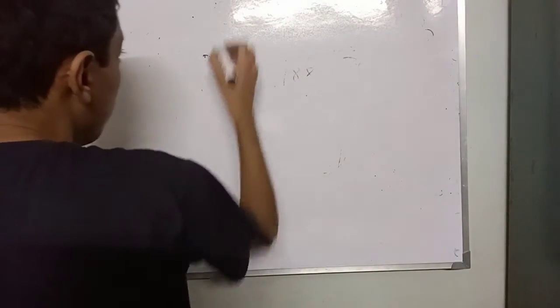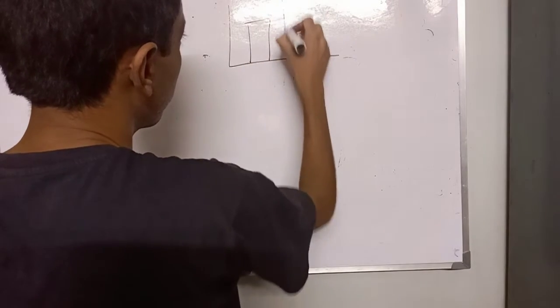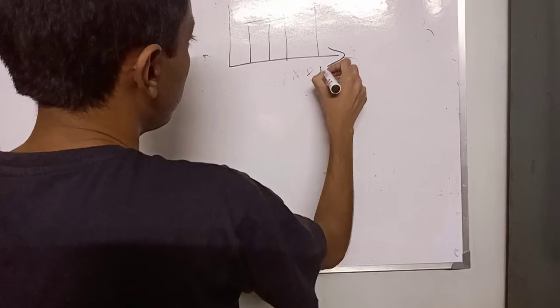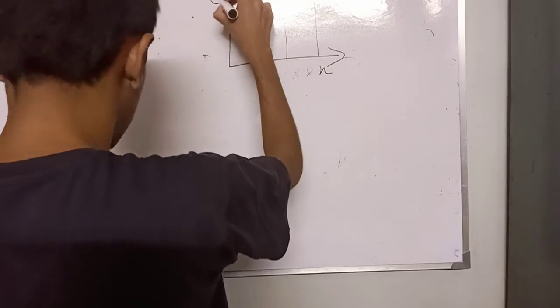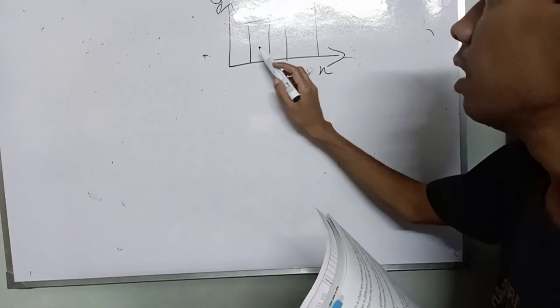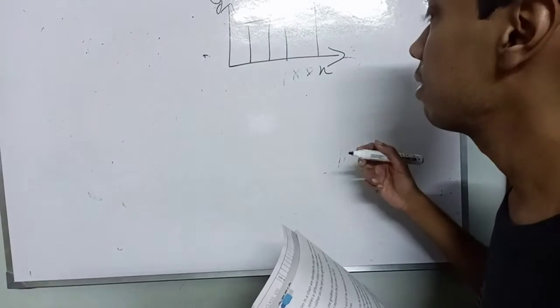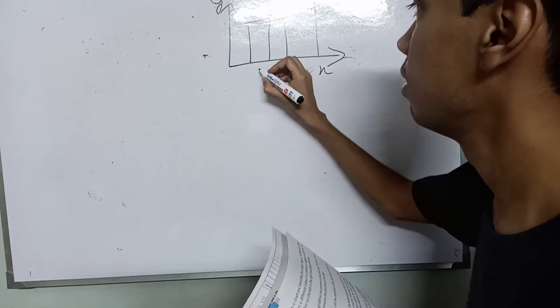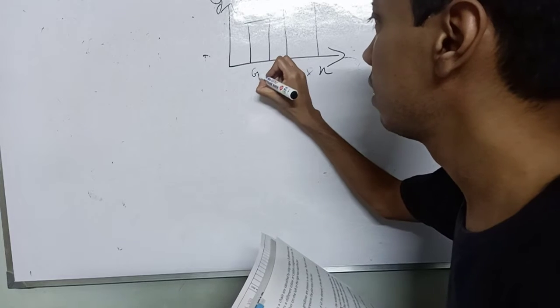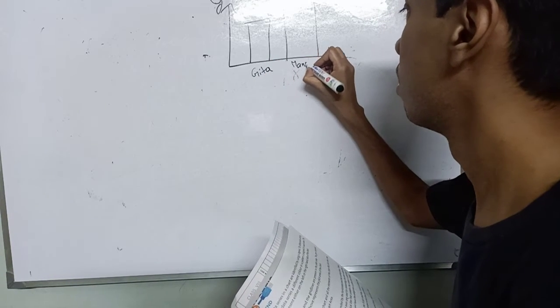Suppose this is a chart. This is the x-axis, this is the y-axis. Now see, you guys are observing it very carefully. Suppose these are the marks in mathematics of a student. Suppose this is Geeta, this is Manisha.